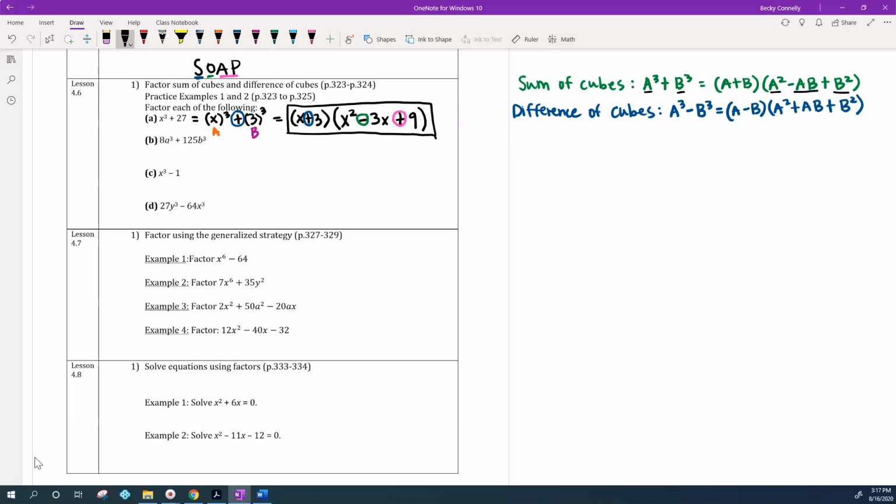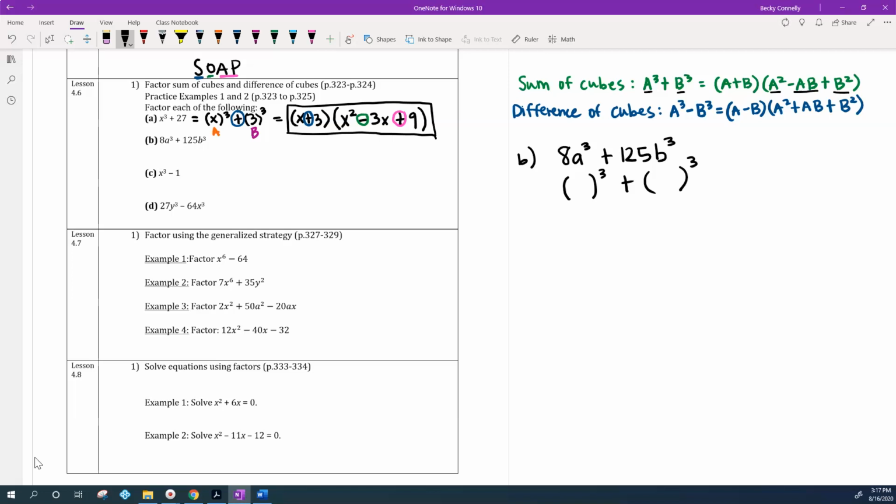I'm going to put part B over here, and it says 8a to the third power plus 125b to the third power. When there are two different variables, sometimes it gets tricky for a lot of students to figure out what is my A and what is my B. That's why I say rewrite it so it's something all cubed plus something all cubed.